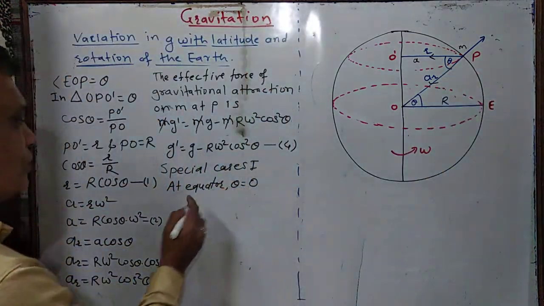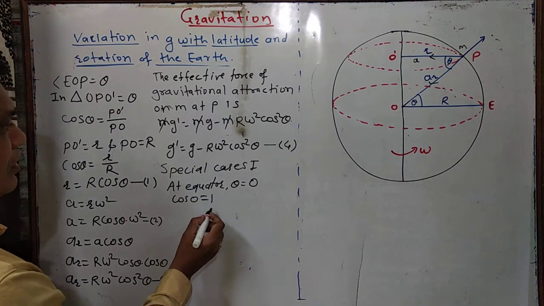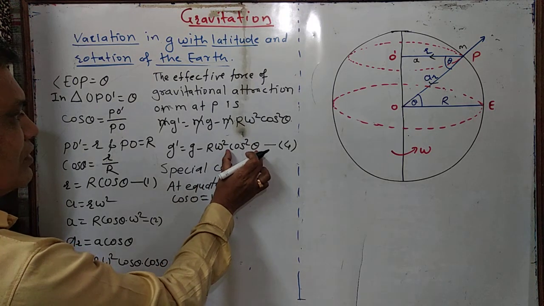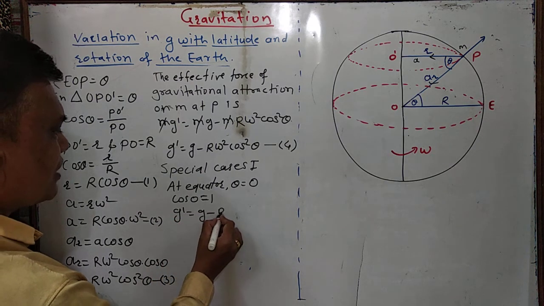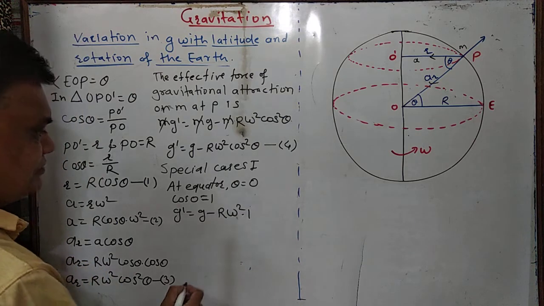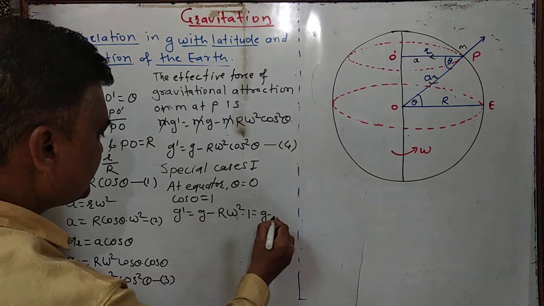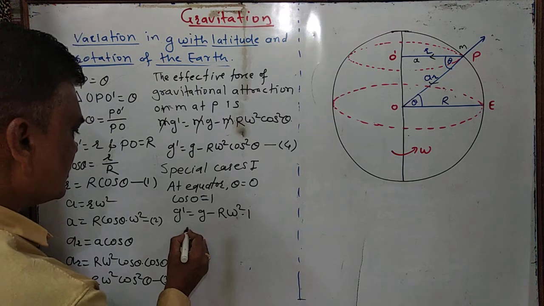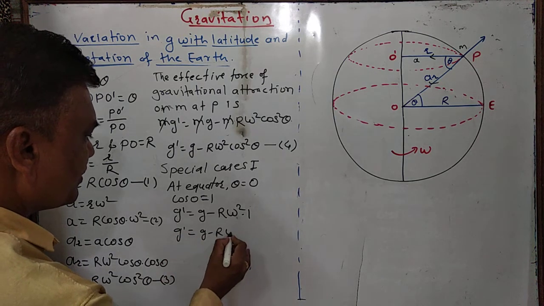Therefore cos 0 equals 1. Putting this value in equation 4, g dash equals g minus R omega square.